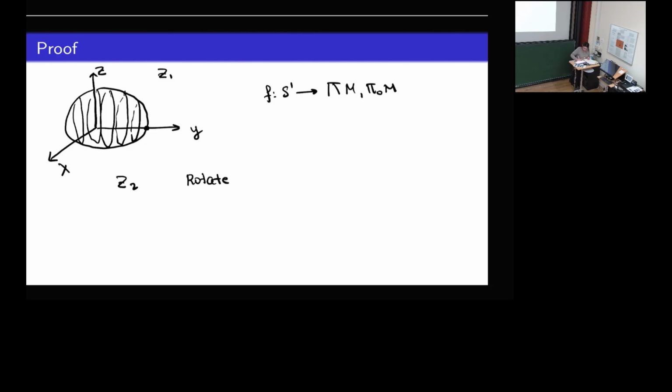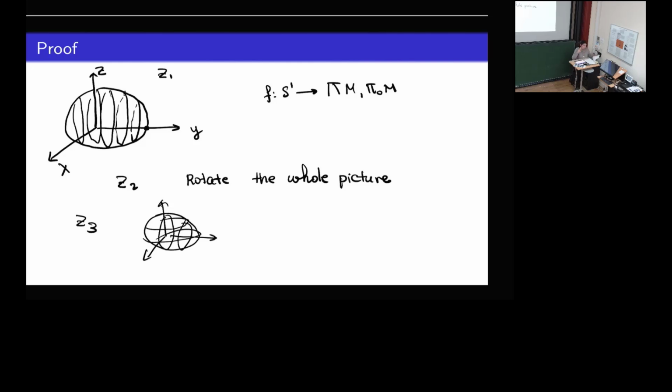Rotate the whole picture. And the third is very easy to describe. They're just all circles on S2. All circles. I'm not going to draw all circles, but you have an idea. So there's a three-parameter family of cycles.